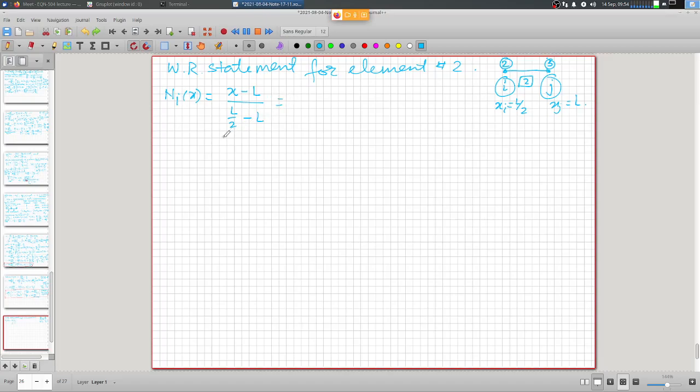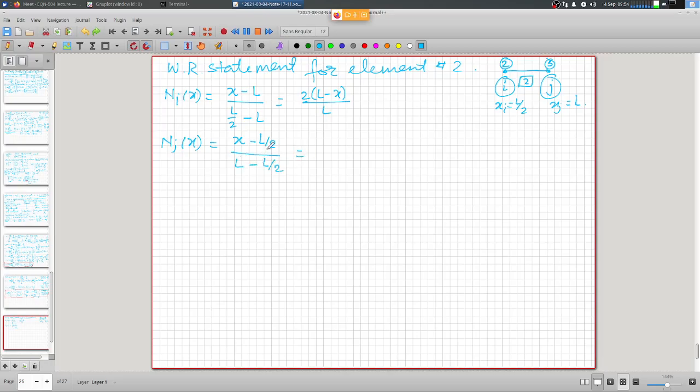So that gives you minus 2 by L, L minus x, that is, twice L minus x by L, and Nj is equal to x minus xi divided by xj minus xi.